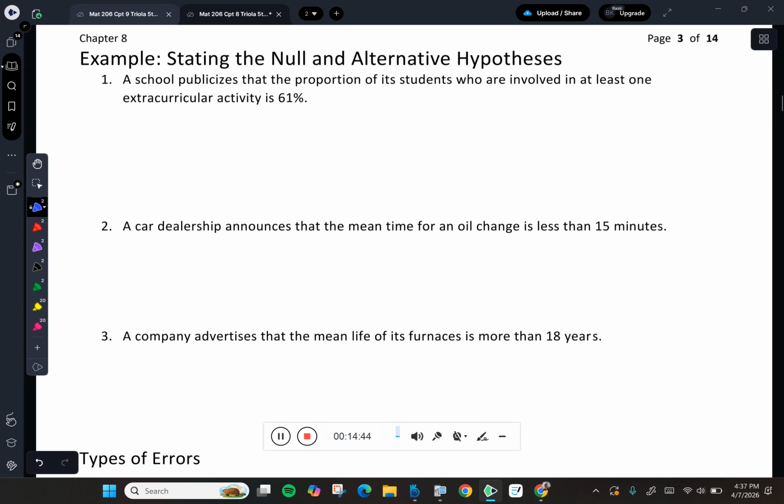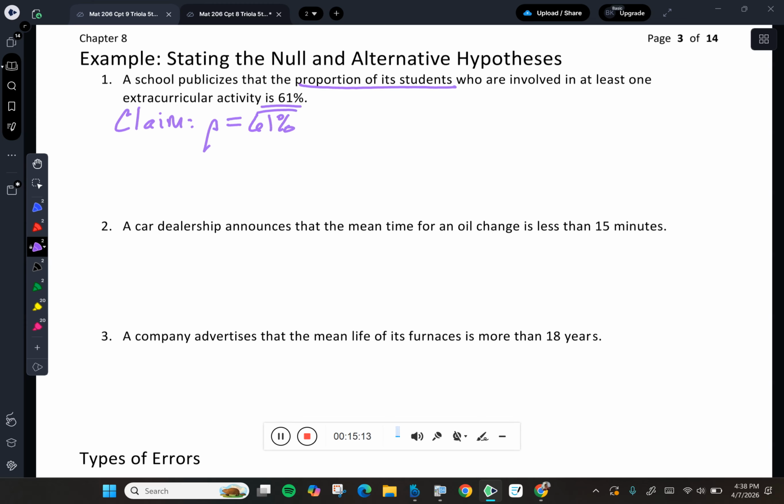All right, so I'm going to read this first one. A school publicized that the proportion of its students who are involved in at least one extracurricular activity is 61%. So the claim or the statement being made here is about a population proportion, that is the proportion of its students, so rho, is equal to, because they're saying it is, 61%.